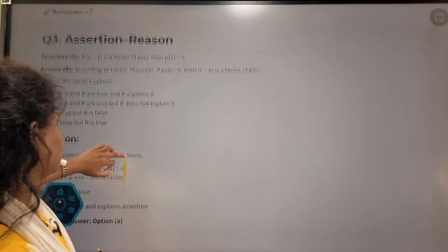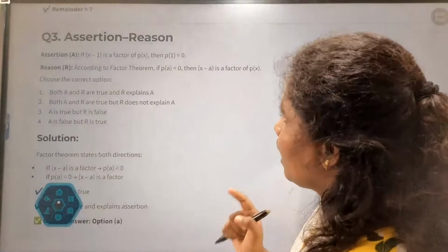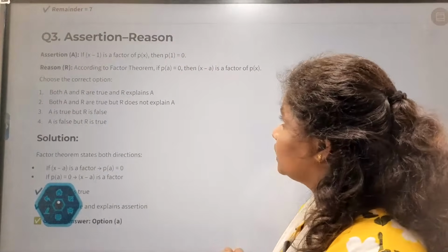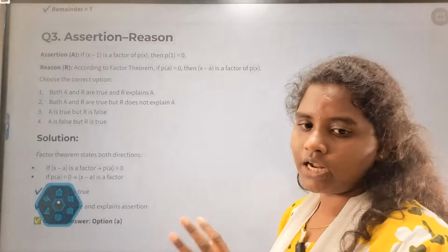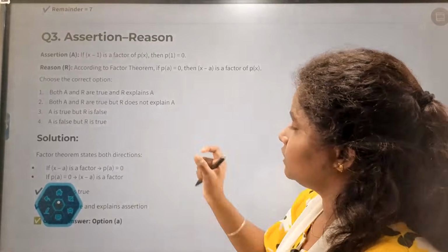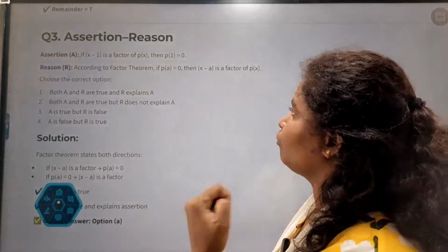Then the third type, assertion and reason. So the given question is: x minus 1 is a factor of p of x, then p of 1 is equal to 0. So it's a condition under remainder theorem. Then it's a factor. So the reason is given as according to factor theorem.